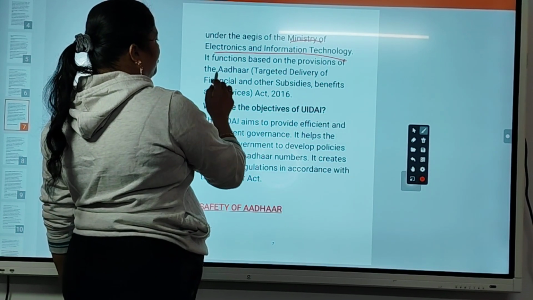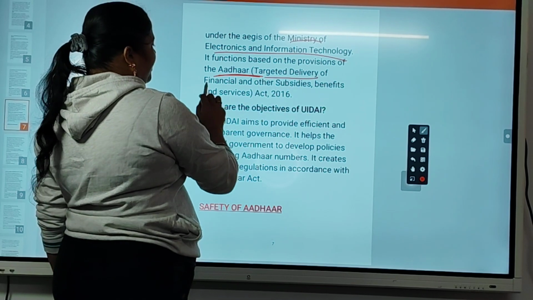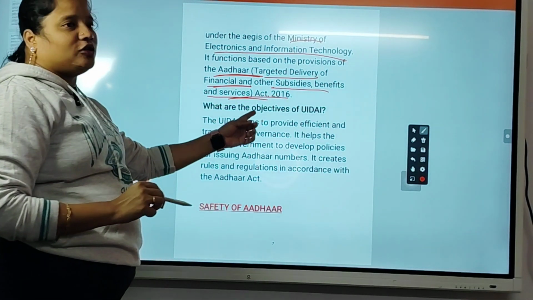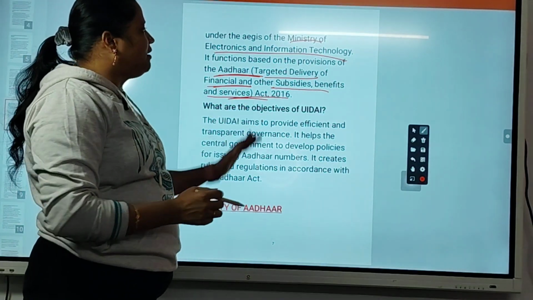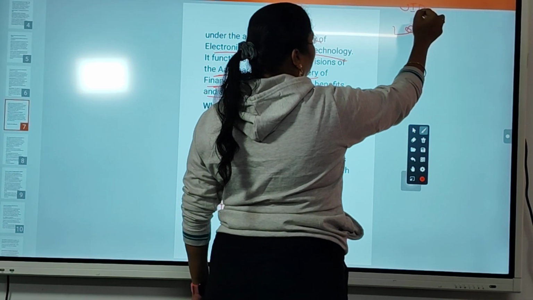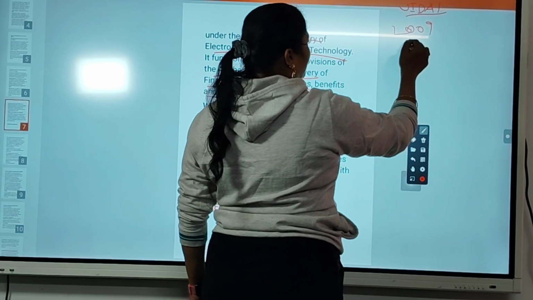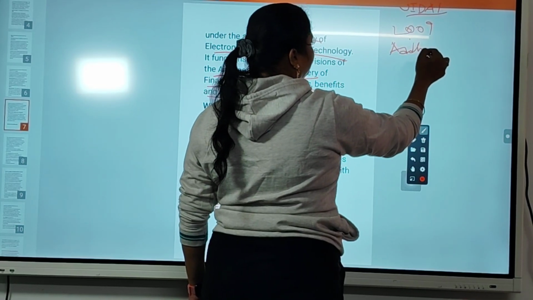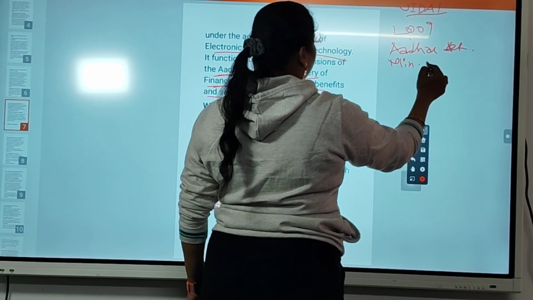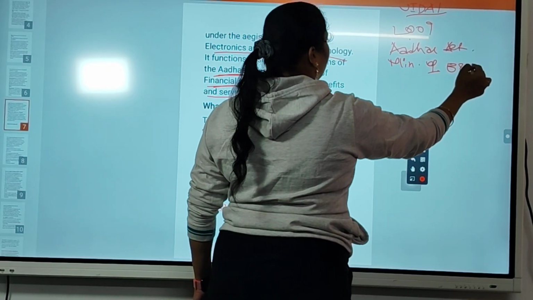It functions based on provisions of the Aadhaar (Targeted Delivery of Financial and Other Subsidies, Benefits and Services) Act 2016. It works under the Aadhaar Act. Three things you have to remember about UIDAI. It was established in 2009, works under the Aadhaar Act, and it works under the Ministry of Electronics and IT.